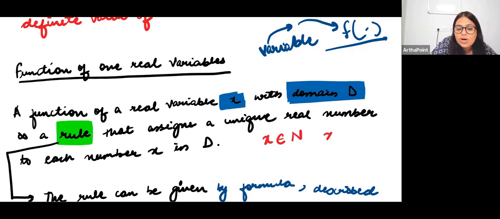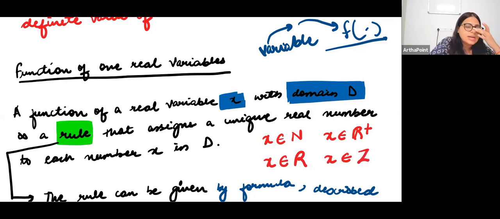I can go ahead and say that x is always a real number, but a positive real number. I can say that x is a real number. I can say that x is maybe an integer or maybe a rational number. I can define the space over which my x will exist.